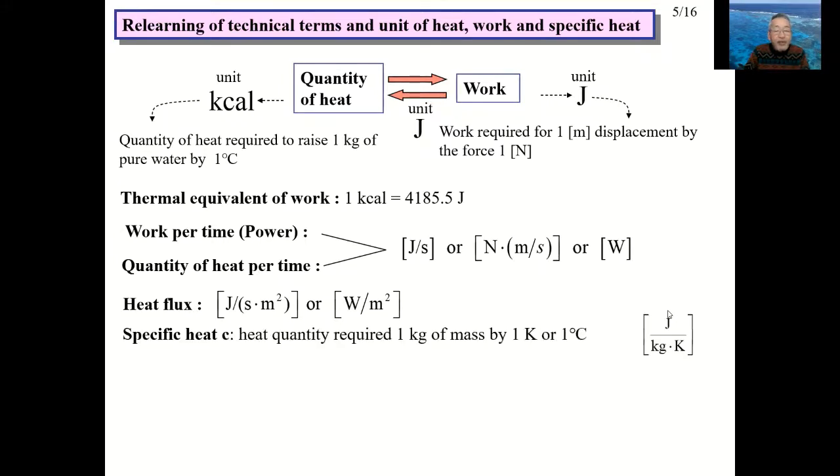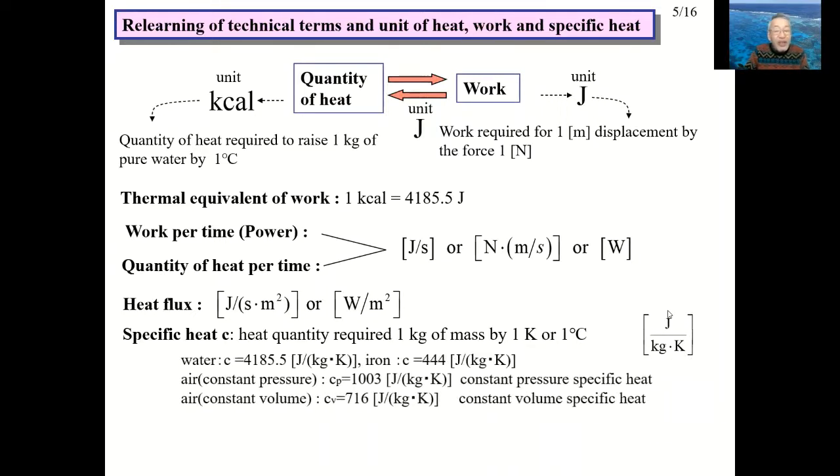The heat quantity required to raise the temperature of 1 kilogram of substance by 1 Kelvin is defined as specific heat. The temperature difference of 1 Kelvin is the same as 1 degree Celsius. The unit of specific heat is joule per kilogram Kelvin.